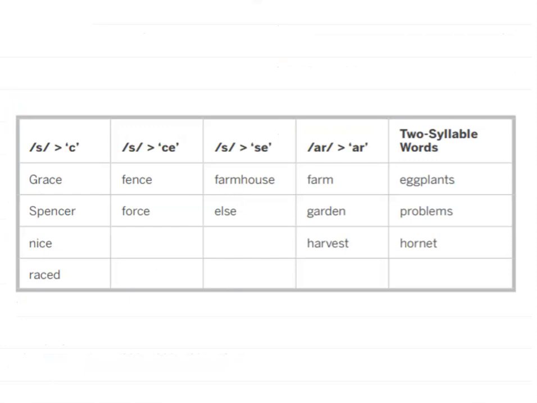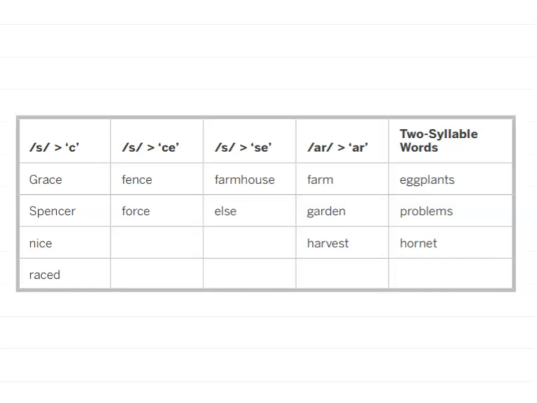Let's review some spellings. These words have the letter C representing the S sound: Grace, Spencer, nice, and race. The next spelling is CE for the S sound. We have 2 words, fence and force.